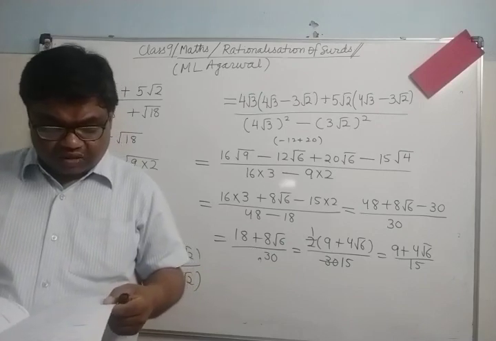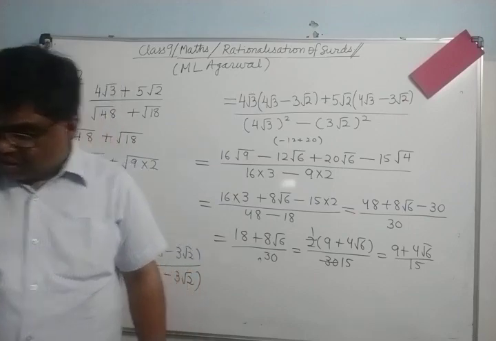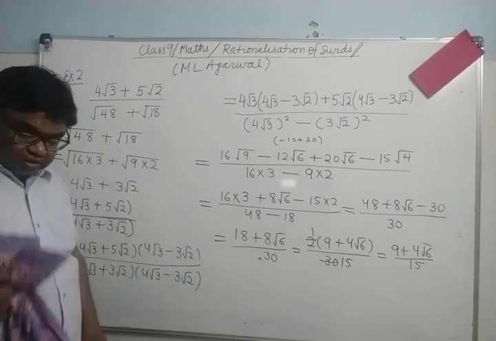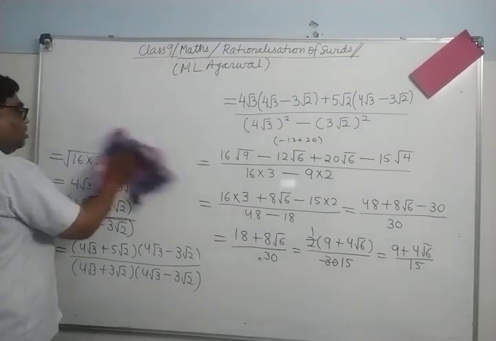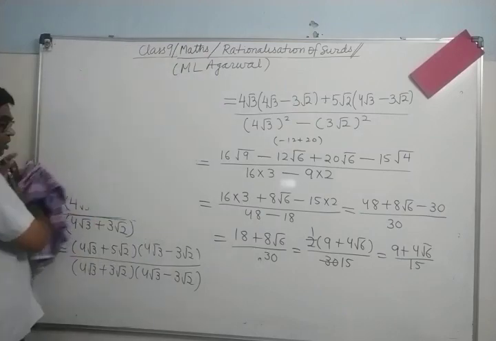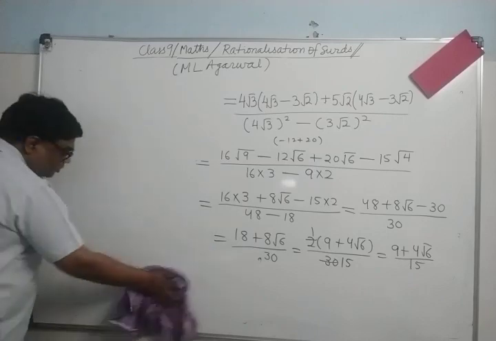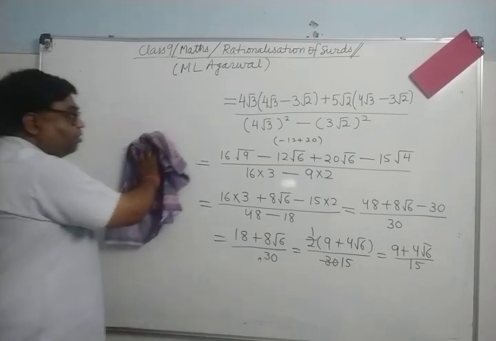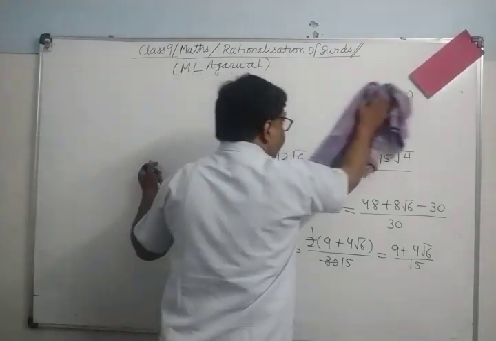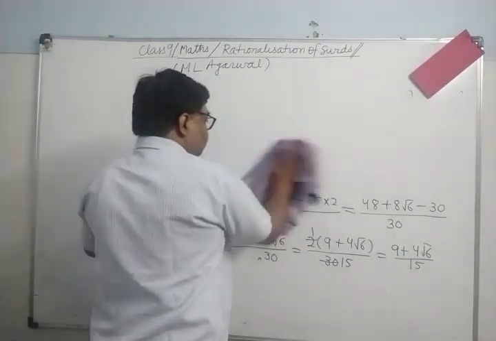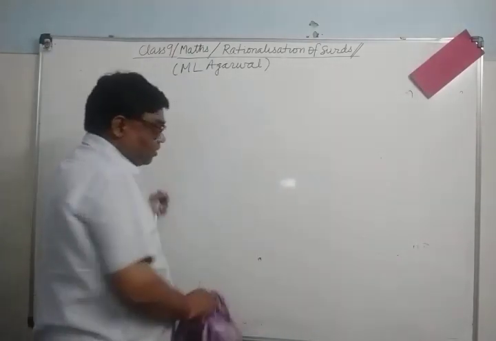Now you take one more example, example 3. Here you will do the simplification very carefully because there are more chances of writing the wrong number. It's clear? So you will do it very carefully.